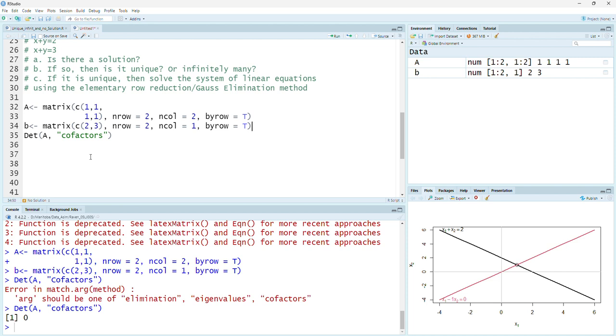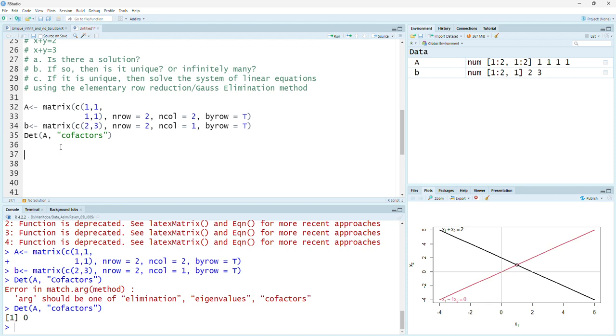It means there will be either infinitely many solutions or there is no solution. So let us categorize it. Right now, either my solution will be infinitely many solutions or there will be no solution. So let's check again.